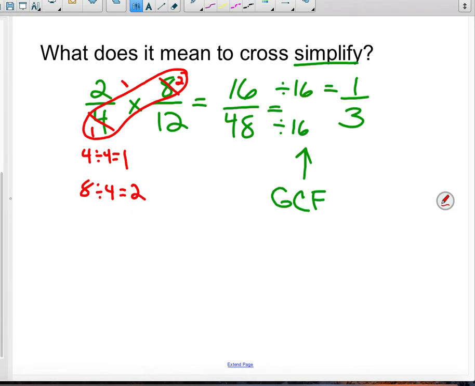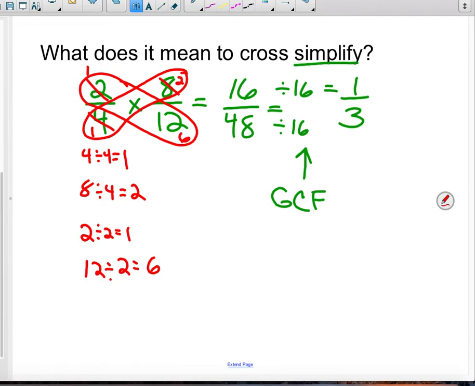And then 12 and 2 are compatible. 2 divided by 2 equals 1, so that could become 1. 12 divided by 2 equals 6.